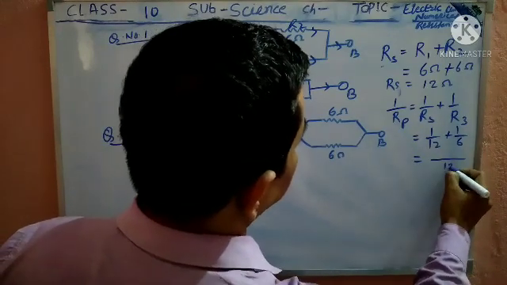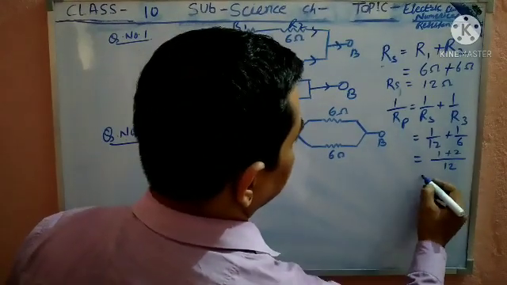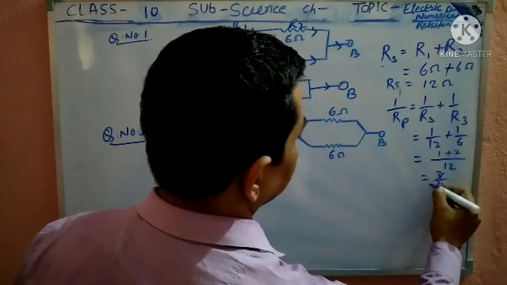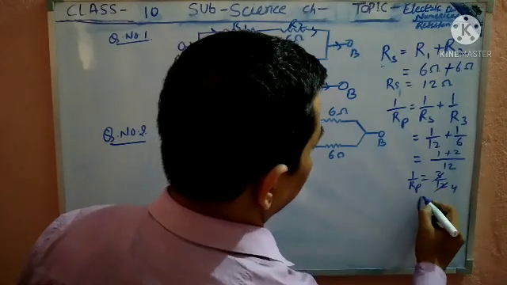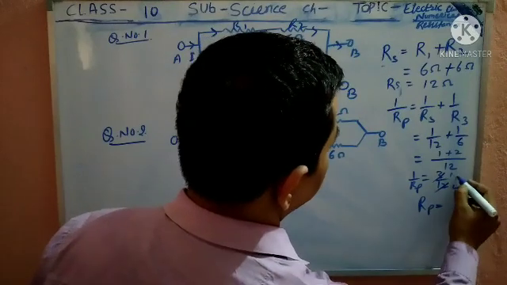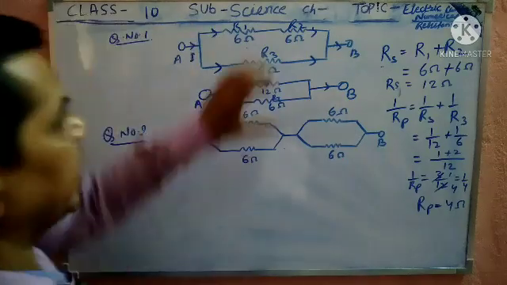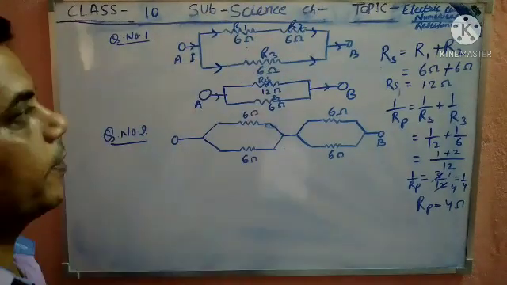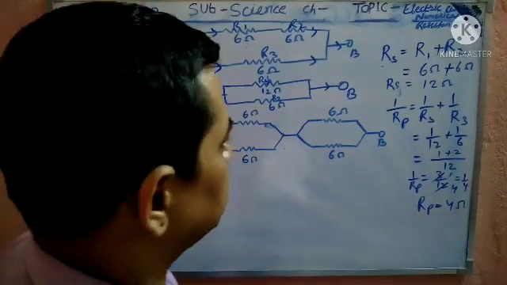Taking LCM 12, 1 plus 2 is 3 by 12, that is 1 by Rp. So Rp is equal to 4 ohm. So the resistance of this circuit is 4 ohm.